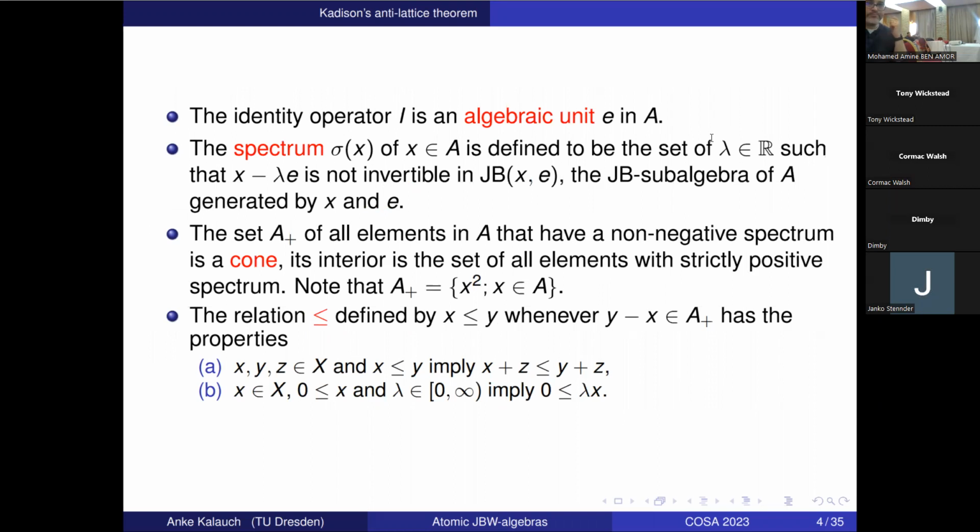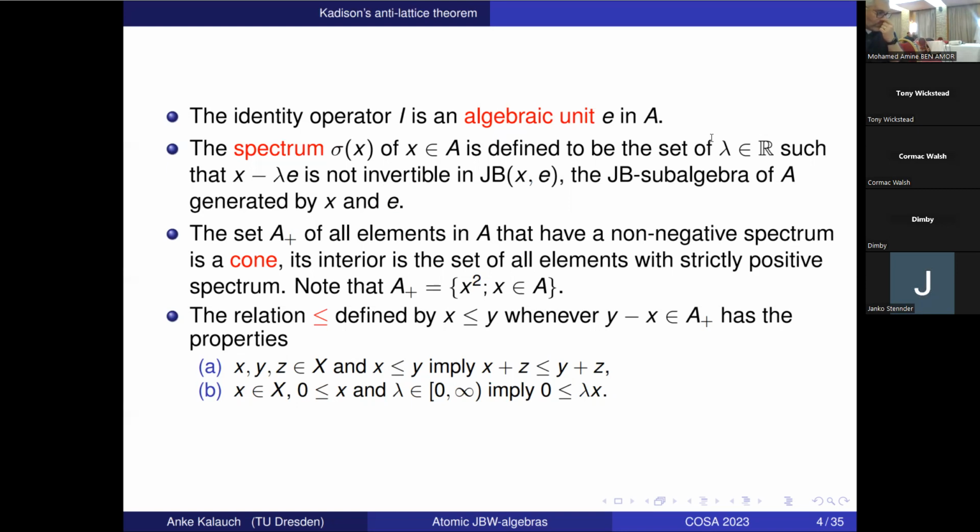And I said we have a natural order structure, and there are different ways to get the partial order there. One way is considering the spectrum of an element in the JB subalgebra that is generated by this element and our algebraic unit. Then we can consider the set of all elements with non-negative spectrum, and this gives a cone.